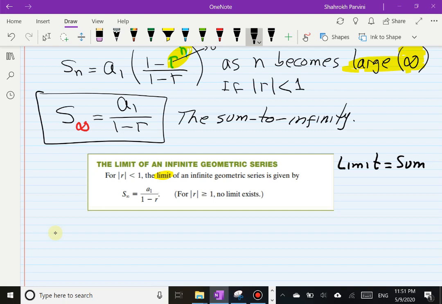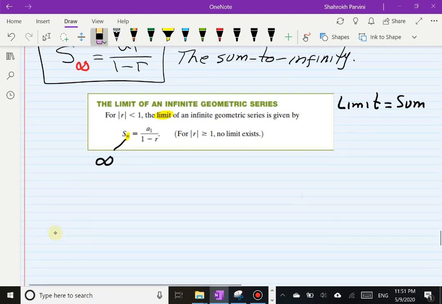If the absolute value of r is less than 1, the limit, meaning the sum, is given by this. Notice the subscript here is infinity, that's what that symbol is. And if the absolute value of the common ratio is 1 or bigger than 1, then there is no limit. The sum will not exist.